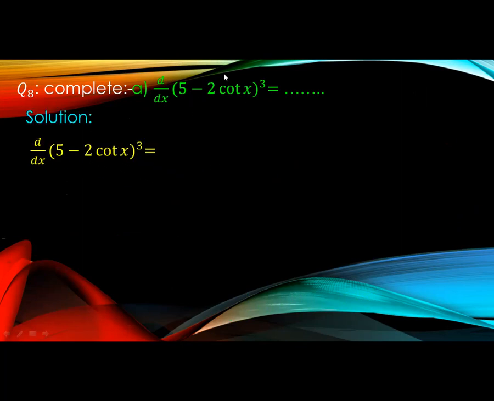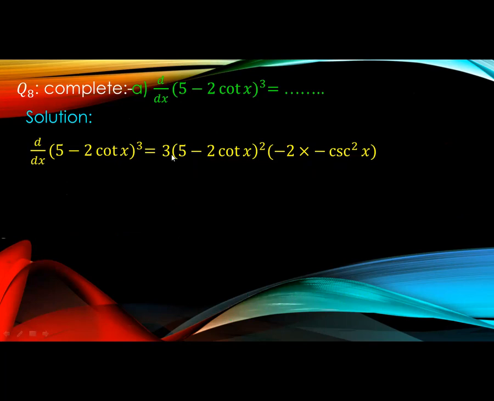Exercise number 8, complete. Letter A, d by dx for 5 minus 2 cotan x all power 3. This function is raised to the power 3. So for its derivative, we drop the power and subtract 1 from the power, multiplied by the first derivative of the base.